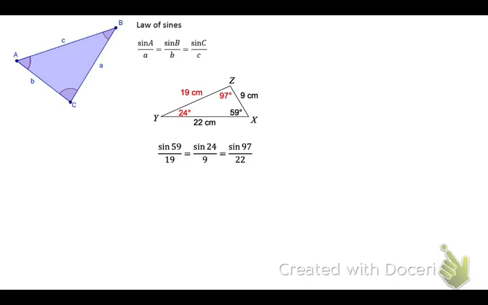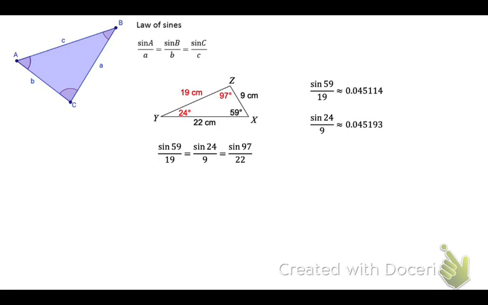So these ratios here, let's just take a triangle and make sure it works. If I do the sine of 59 over its opposite side, so over 19, sine of 24 over its opposite side, which is 9, and sine of 97 over its opposite side of 22. Now, if this is true, these should all be the same ratios. So, sine of 59 over 19, we get 0.045114.